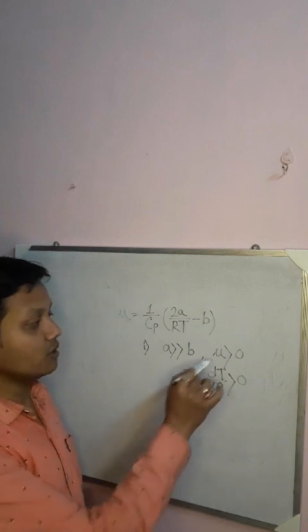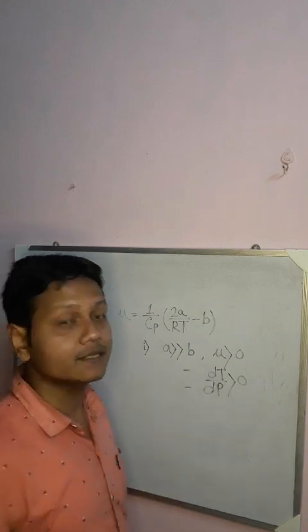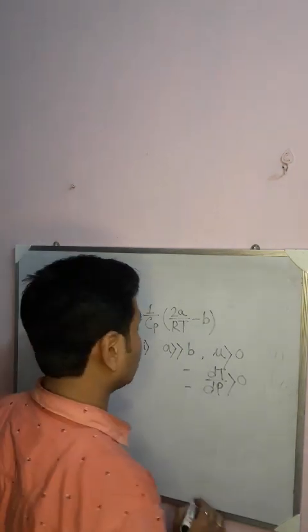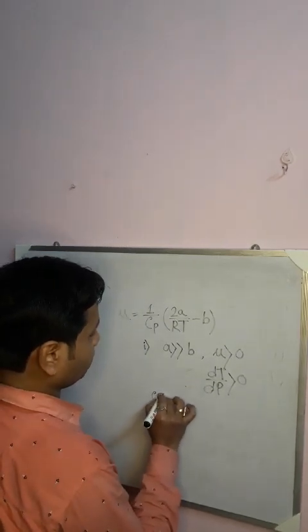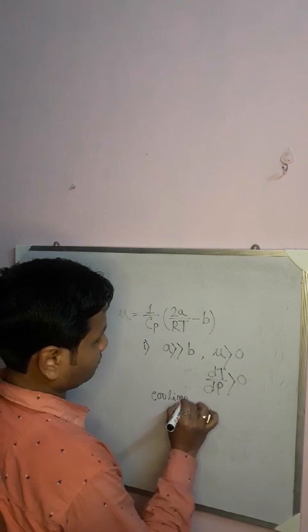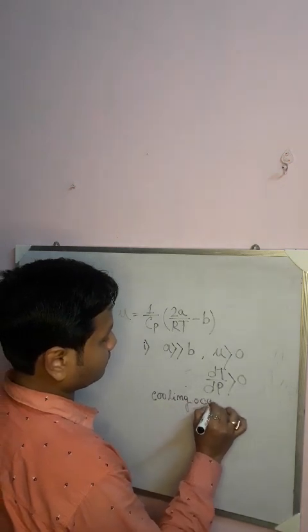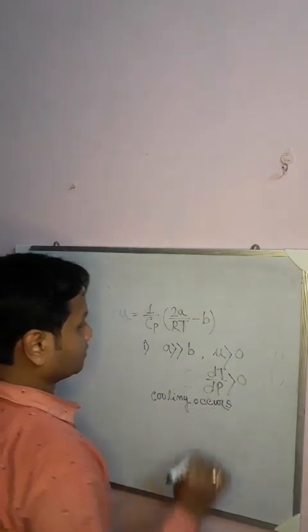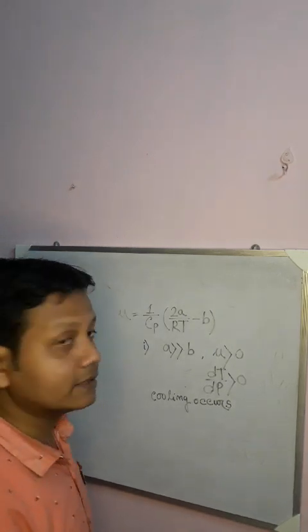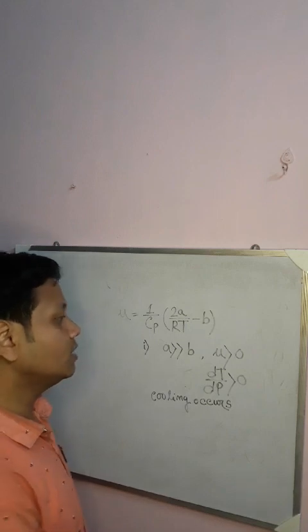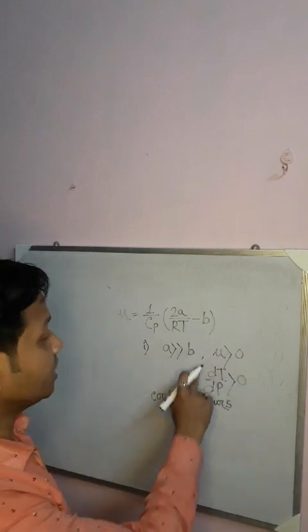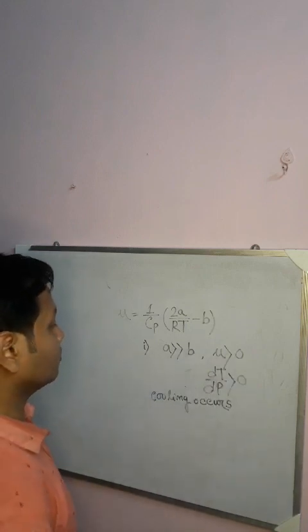So when mu is greater than 0, dT is negative, that means cooling occurs. Because in the JT porous plug experiment, dT is negative for mu positive, so cooling occurs.